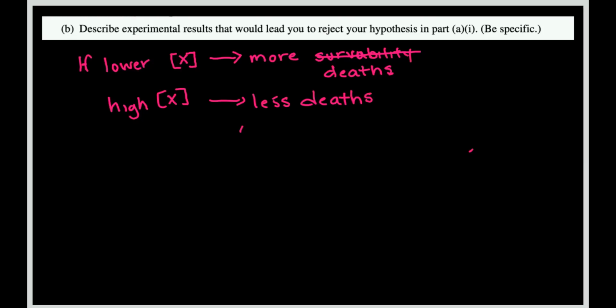If more things died in the control, then our hypothesis would be rejected. So basically anything where your data reflects the opposite of your hypothesis.